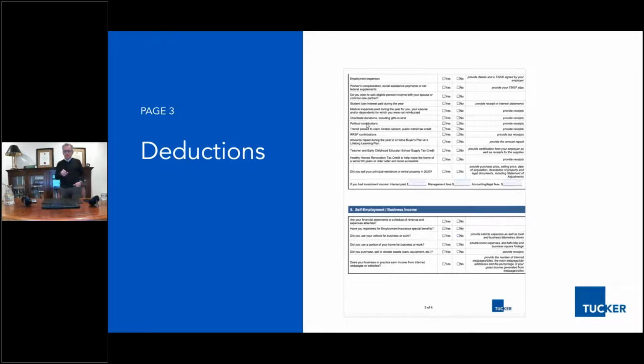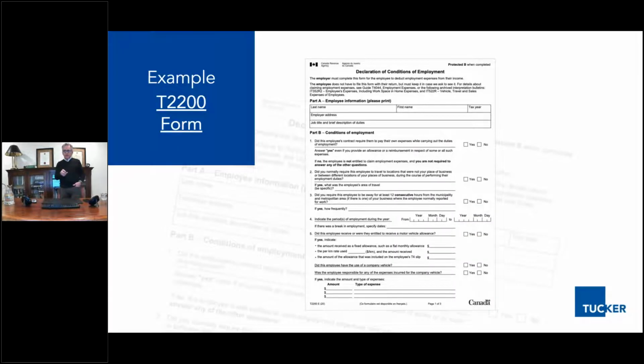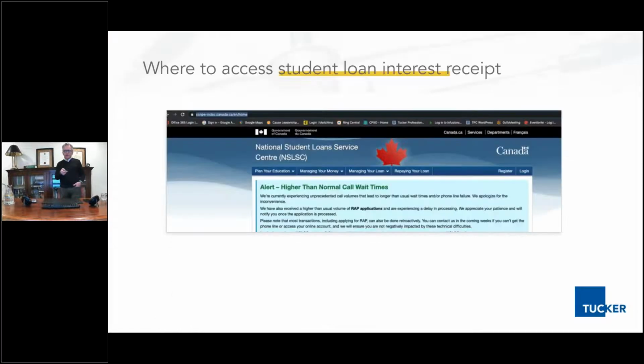All right, continuing on with deductions. If you have a student loan or a particular type of student loan. Sometimes people will say to me, I've got my line of credit. That is not the type of loan that qualifies for the student loan interest tax credit.